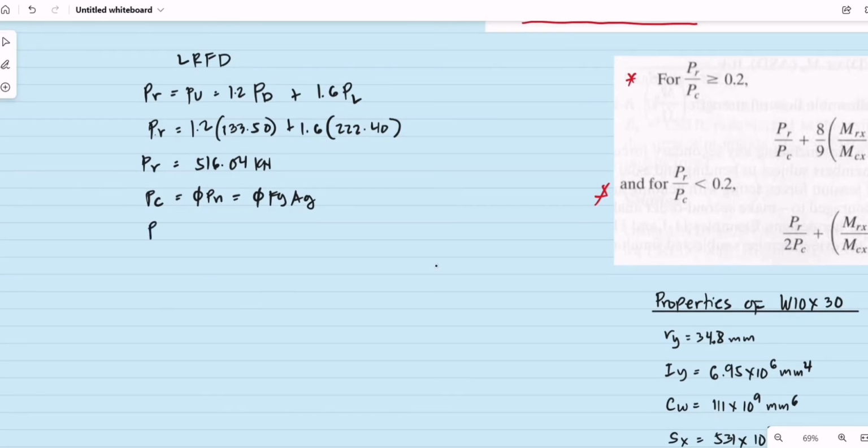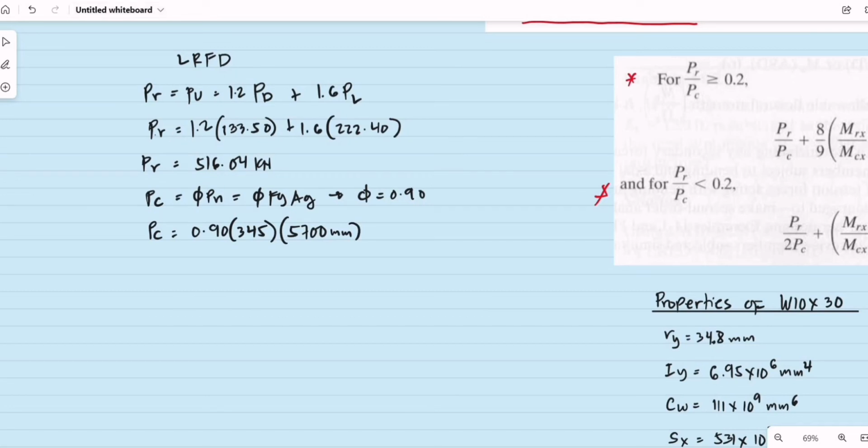So for the value of our PC, the reduction factor for LRFD is 0.90, and Fy is 345 megapascals. So 0.90 of 345, then area gross is 5,700 square mm.